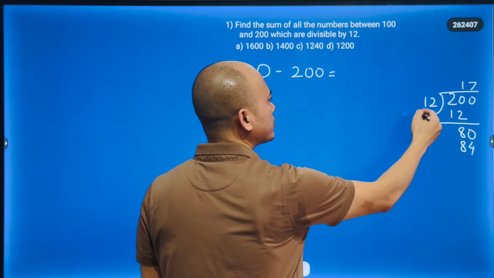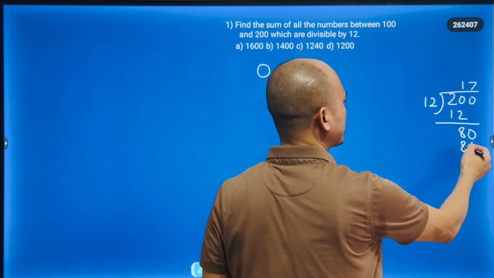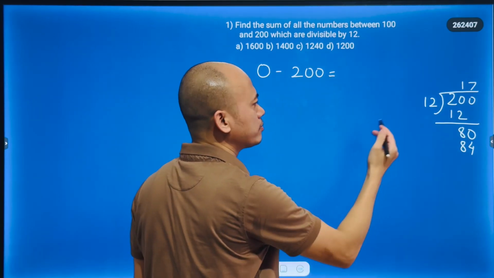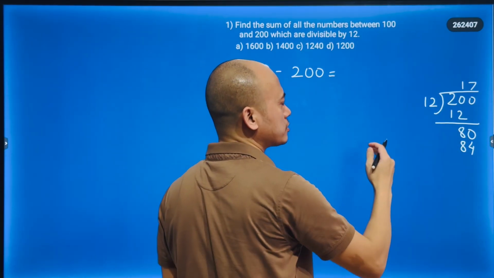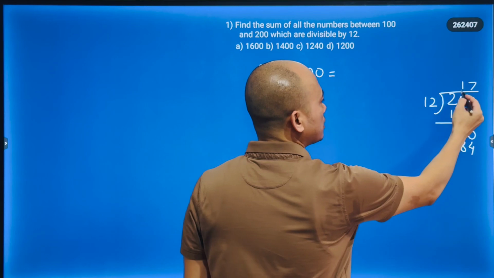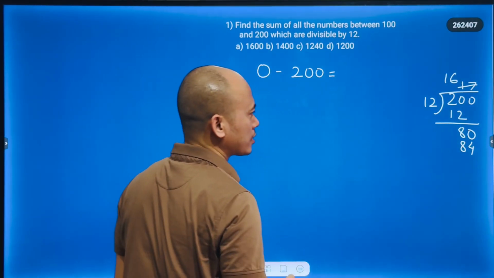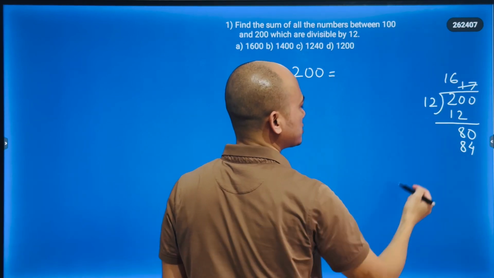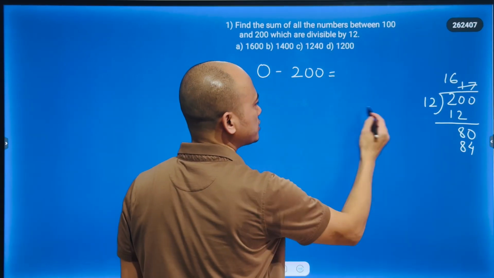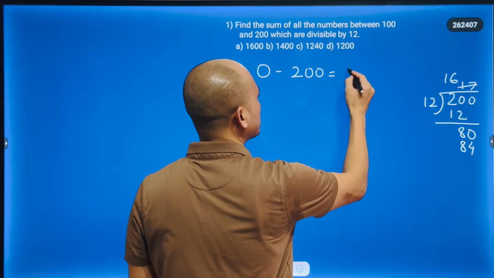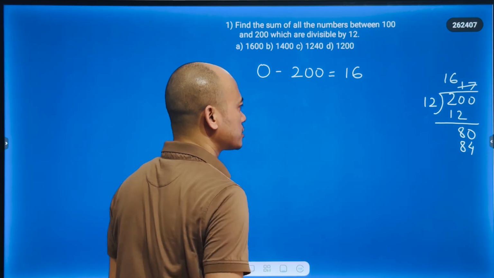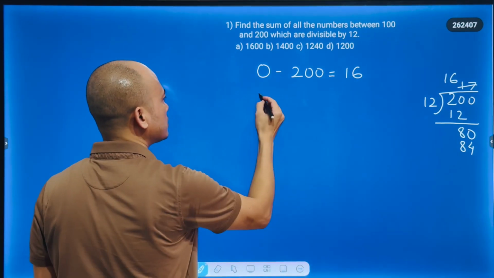When we do 12 into 17, the result is in excess of 200, a little more than 200. So we have to take the one below it. Instead of 17 we have to take 16. That means there are 16 numbers from 0 to 200 which are divisible by 12, so there are 16 terms.